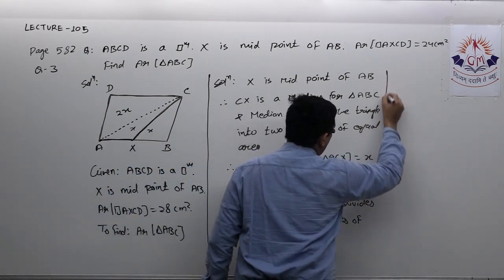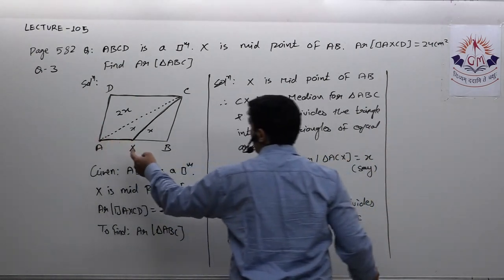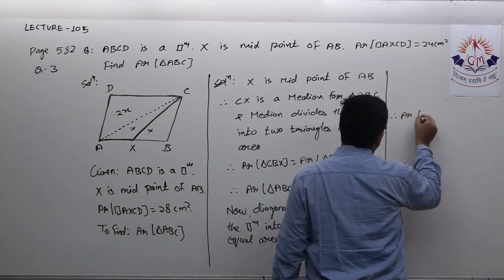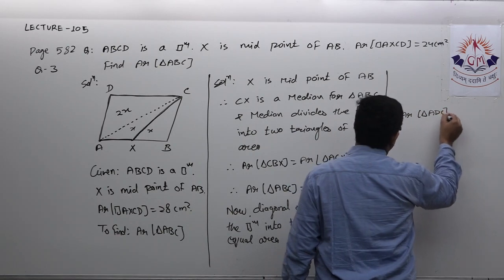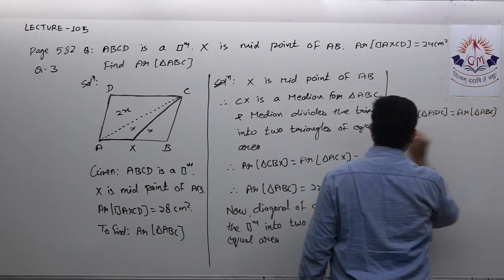Therefore, I can say area of triangle ADC is equal to area of triangle ABC.